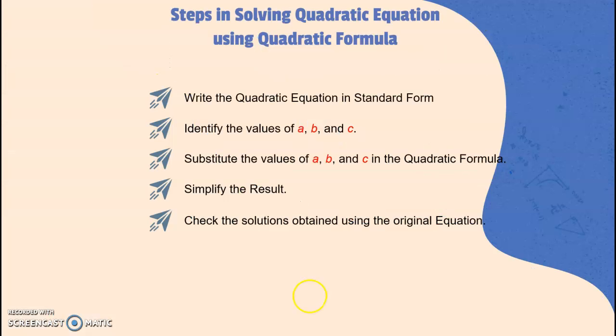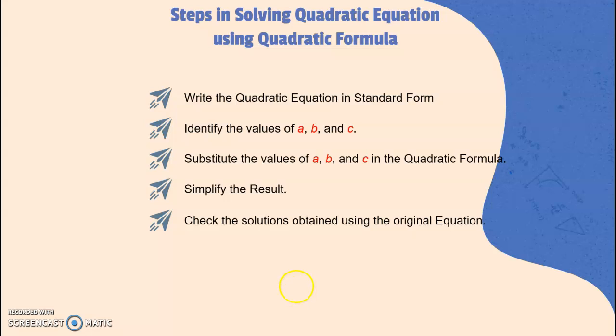Next, these are the steps in solving a quadratic equation using the quadratic formula. There are times when a quadratic equation is given that is not yet in standard form, so you always have to set it in standard form. Then you identify the values of a, b, and c.